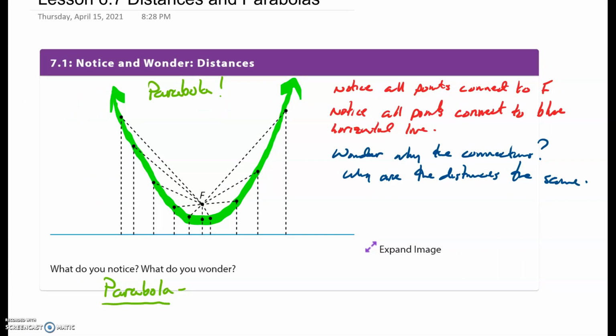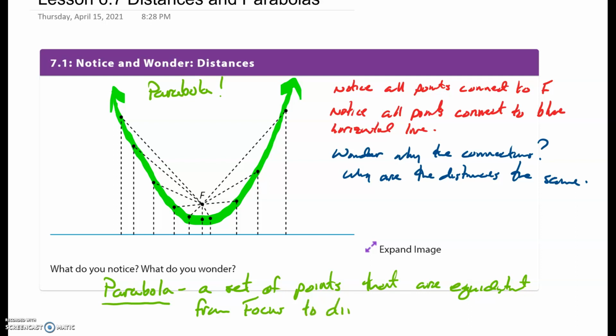So a parabola, the definition in geometry, is a set of points that are all the same distance, or let's say equidistant, from the focus to the directrix.